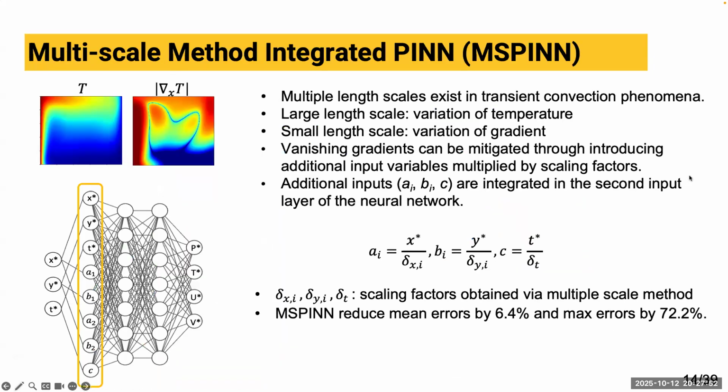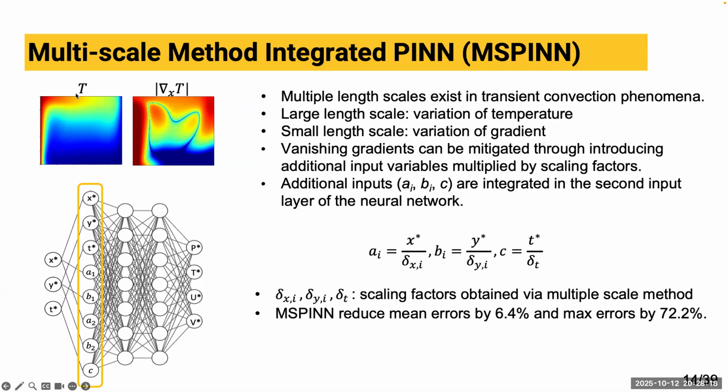And when you optimize the PINN parameters, not only the original temperature magnitude, but also the gradient value of the temperature is used when optimizing our PINN parameters. However, you realize that there are two different length scales involved in these two fields.